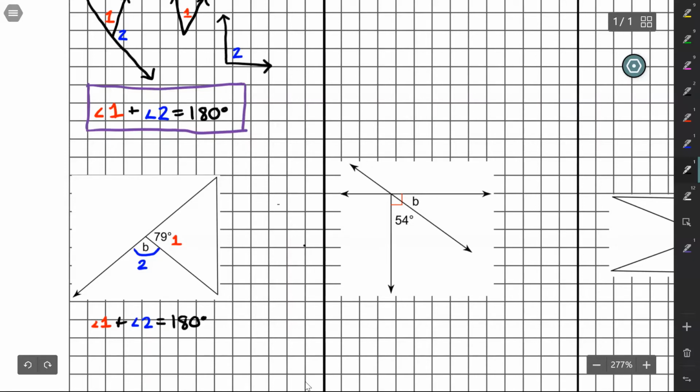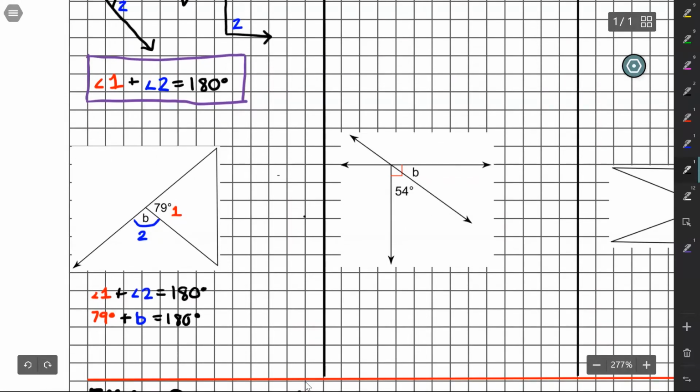And I'm going to go through and substitute what the problem gives me. So instead of angle 1, I'm going to write 79 degrees plus, instead of angle 2, I'm going to write the letter B, equals 180 degrees. So now that I have this information set up, all I need to do is get B by itself.